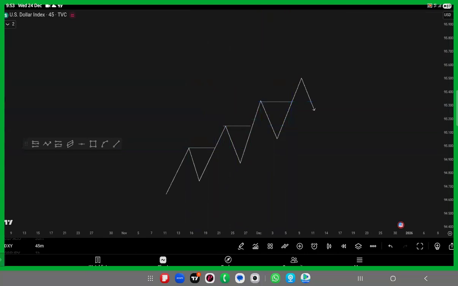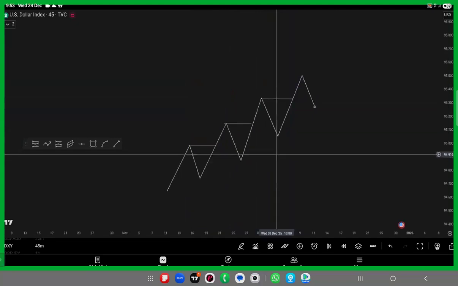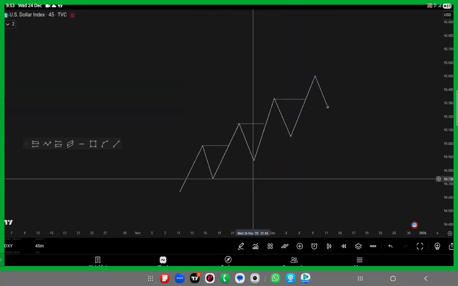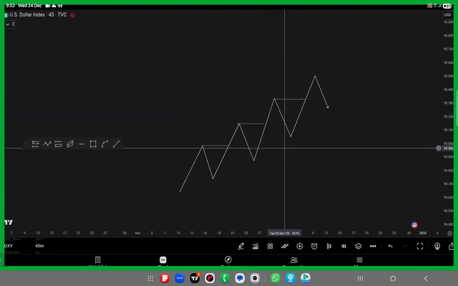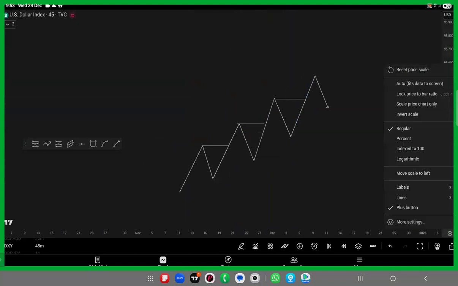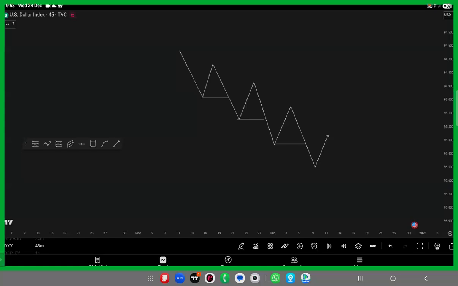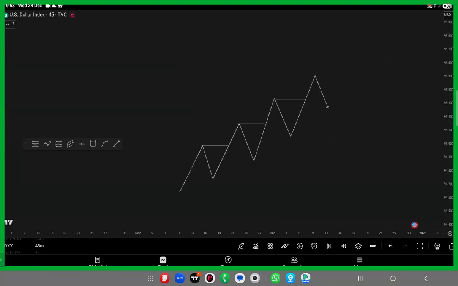Market is just taking out the buy side liquidity in an uptrend. While in a downtrend, it will be the opposite. Market will be taking out sell side liquidity. So the reason why we're having uptrend and downtrend is because in the uptrend, market is just targeting the buy side liquidity. And the only reason why market will target buy side liquidity is when there's an external buy side liquidity of a higher time frame that price ought to take out.